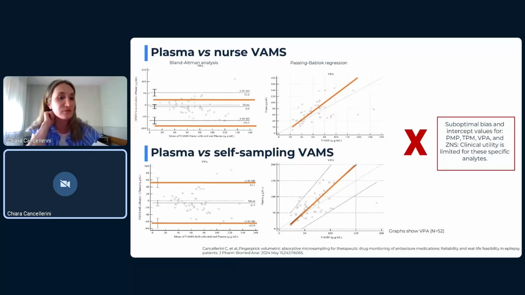But if for lamotrigine we found a good correlation, this is not the case for other drugs, for instance perampanel, topiramate, valproic acid, and zonisamide, where, as you can see in this slide that shows again Bland-Altman analysis and Passing-Bablok regression, we saw that the bias was suboptimal, meaning that the VAMS utility is limited for this kind of drug.